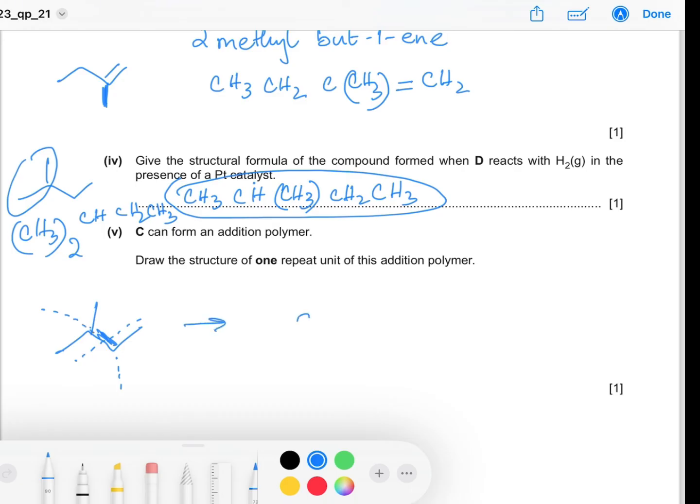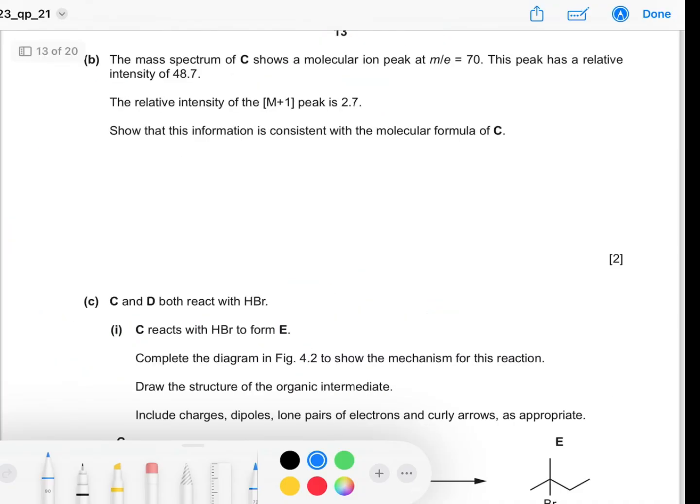So you will go to form an addition polymer repeat unit. So now you have a single bond between the two carbon atoms, and then the remaining of the structure from the monomer, and then you have two open bonds to allow the formation of a polymer.